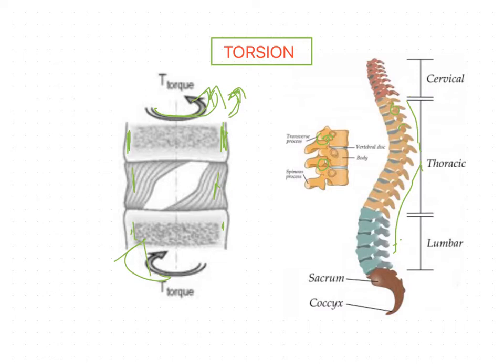So these two forces are acting in different types of rotations. This suggests that the annulus fibrosus may be the most effective structure in the lumbar region for resisting torsion.